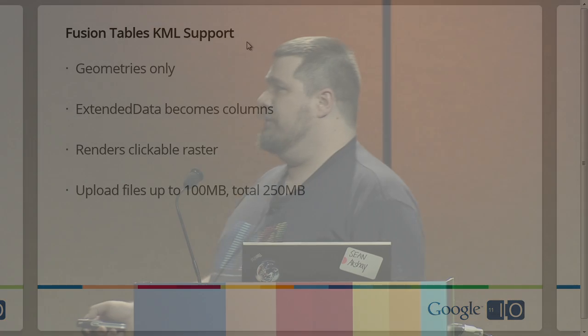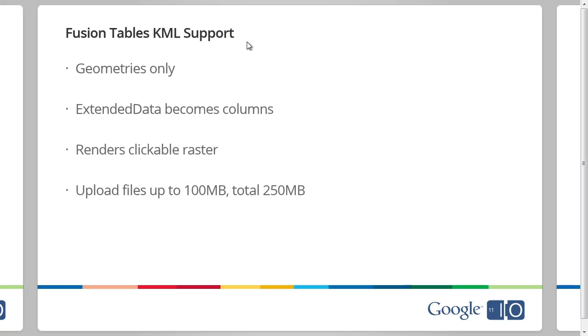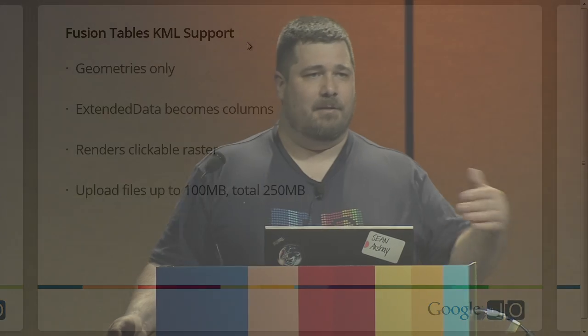It renders this clickable raster, just much like the KML layer does. You can upload files up to 100 megabytes in a single file into Fusion Tables. Although a single table can actually be much larger, you can programmatically add data to files to get it up to 250 megabytes. That's for a single Gmail account.